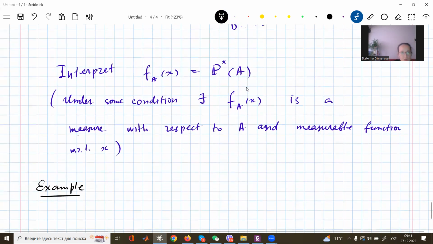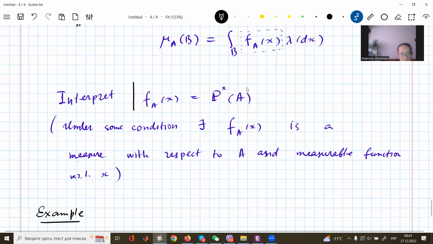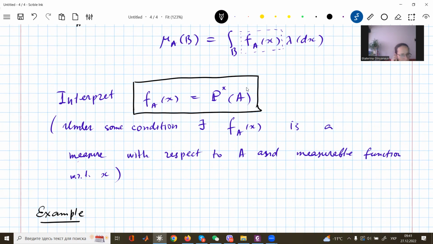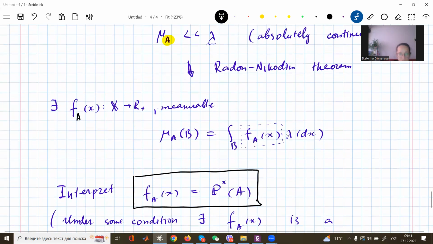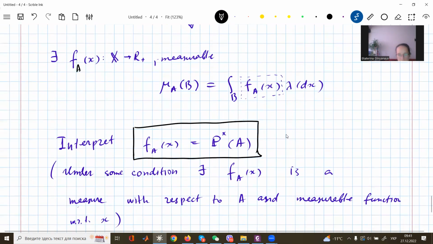I will write this because this is an important construction, but it was just obtained for free by using the Radon-Nikodym theorem, and this is called Palm probability.